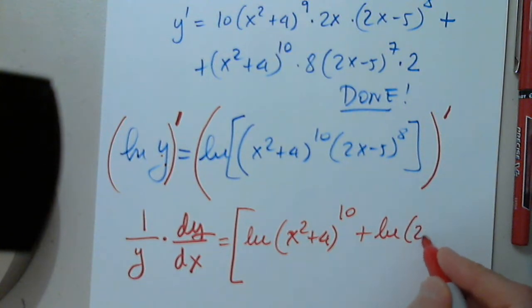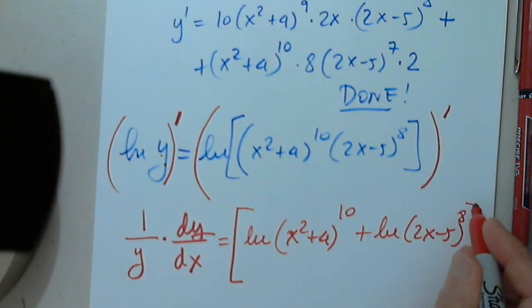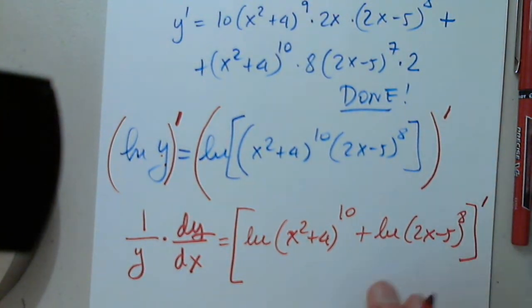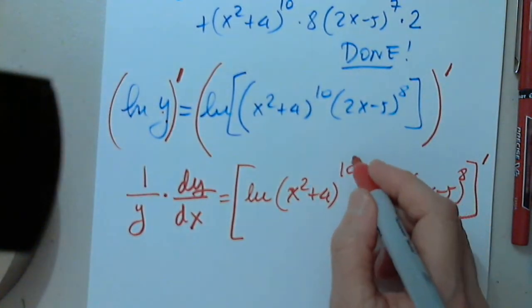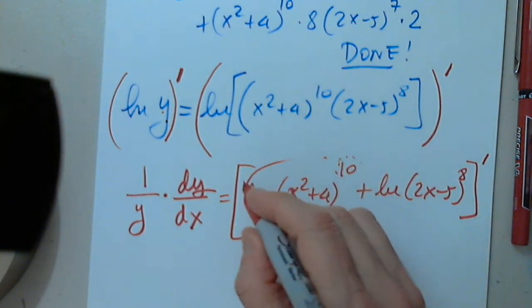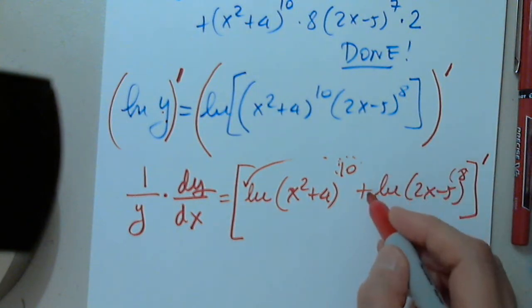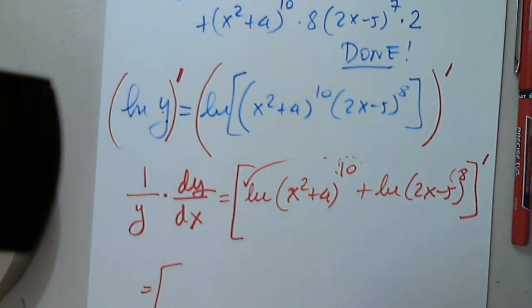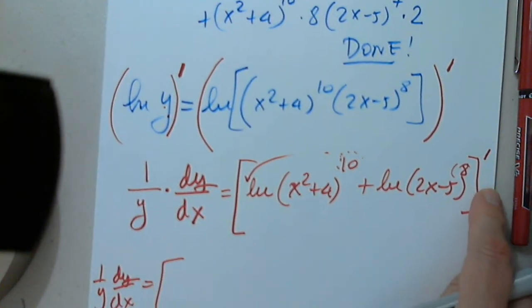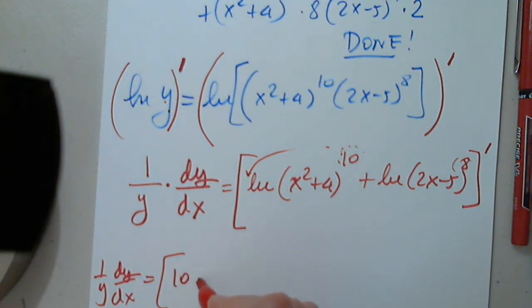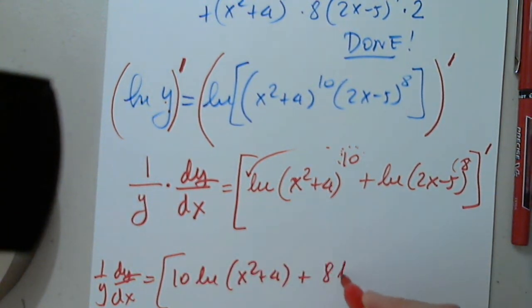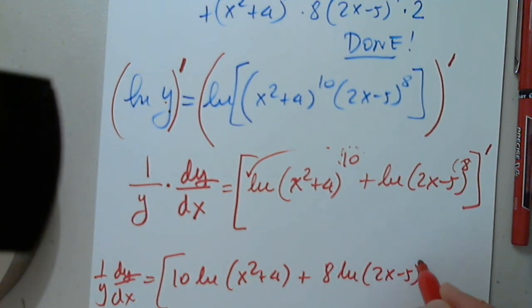Plus log of (2x minus 5) to the 8th. I did not differentiate anything yet. Then remember, there is a rule that allows us to put the power in front. So this is still 1 over y dy over dx. Don't put the equal symbol here, please. So 10 natural log of (x squared plus 4) plus 8 natural log of (2x minus 5).